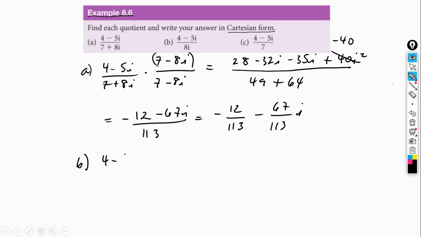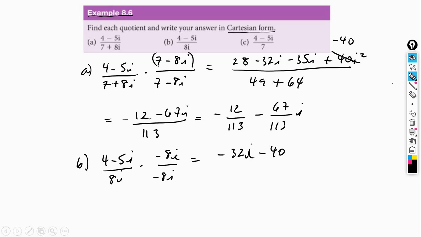Now for b, the same thing again, right? So 4 minus 5i over 8i multiplied by the conjugate of the denominator. So minus 8i over minus 8i. And here we're going to get minus 32i. And this is minus 40.